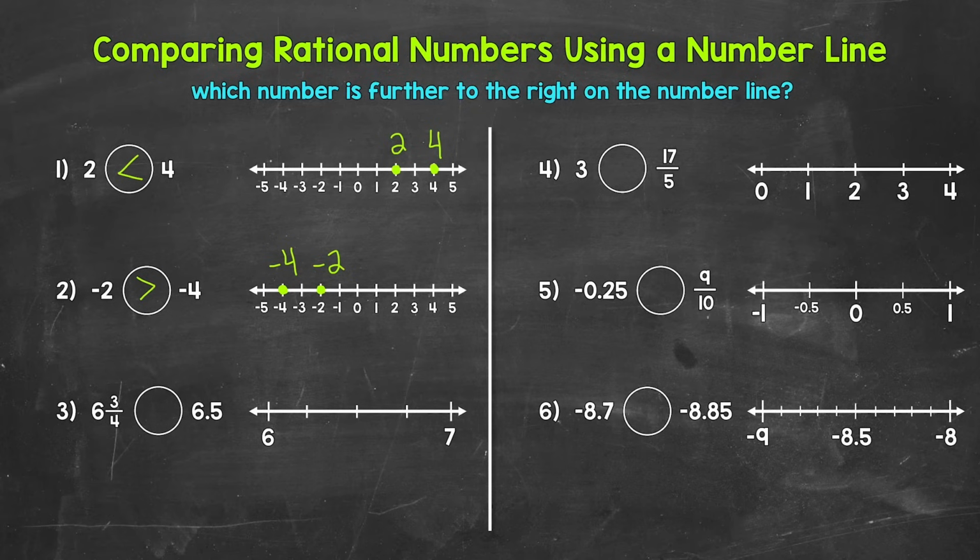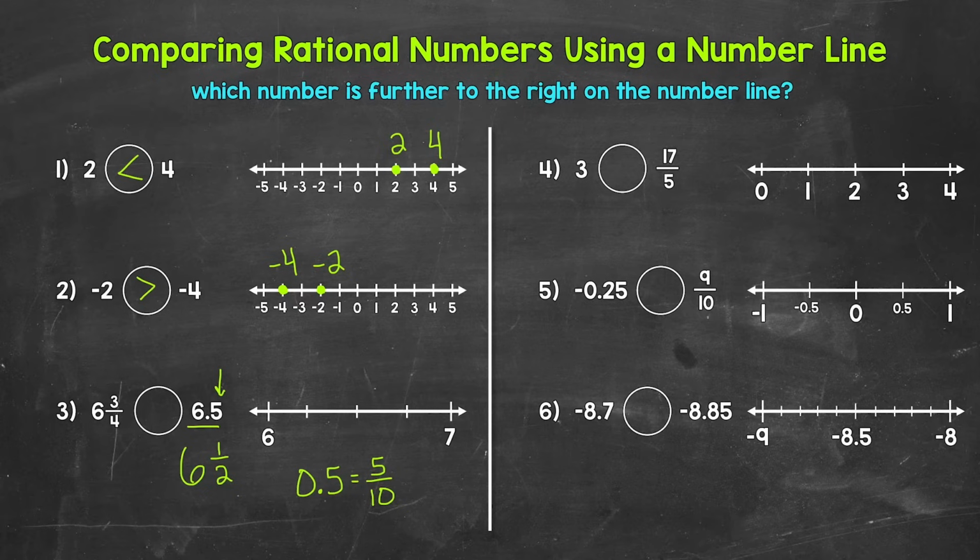For number 3, let's put 6 and 5/10 in fractional form. 6 and 5/10 is 6 and a half. Anytime you have 0.5, 5/10, that's a half. And that always works out to be a half because 0.5, 5/10 in fractional form is 5 over 10, which we can simplify.